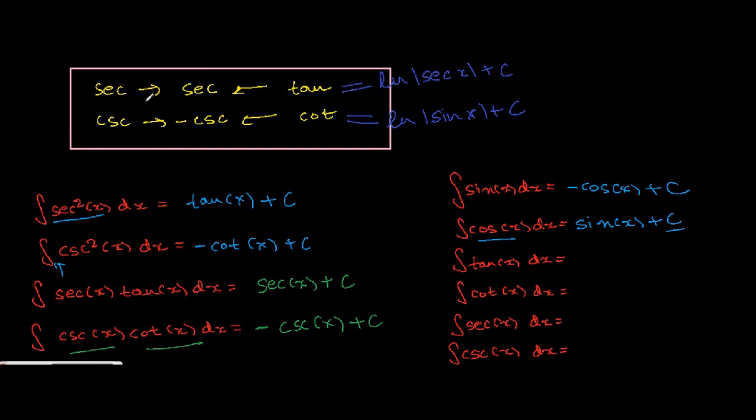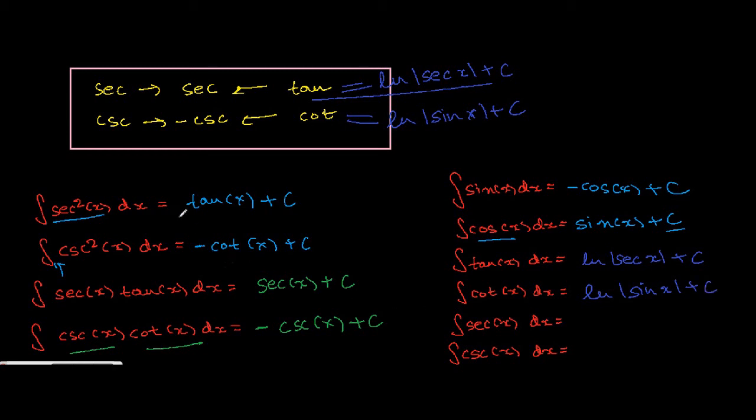So let's start with tangent, and there is no trick for how to remember the integral of tangent and cotangent. You literally have to cram it down, and that's what I have done before. So simply the integral of tangent is ln secant x plus c. Same for the cotangent, it's just ln sine x plus c.